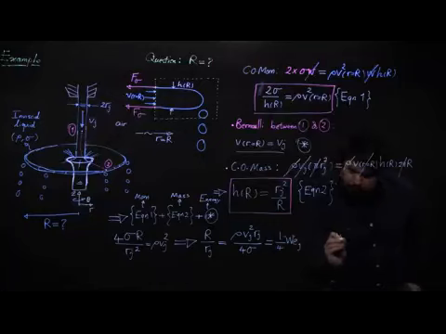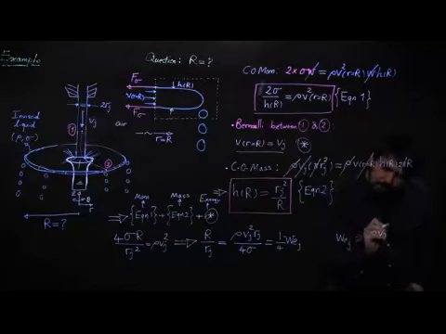This Weber number, Weber sub j, is defined as rho vj squared rj divided by sigma.